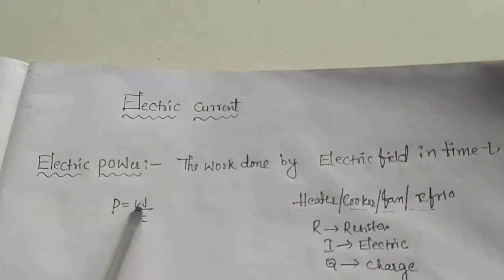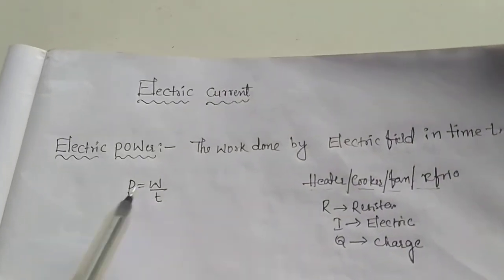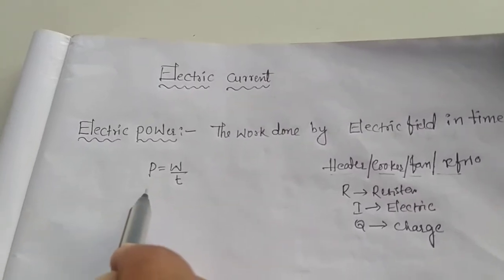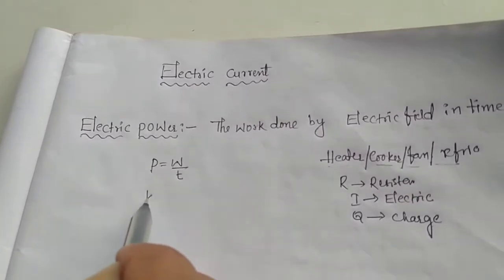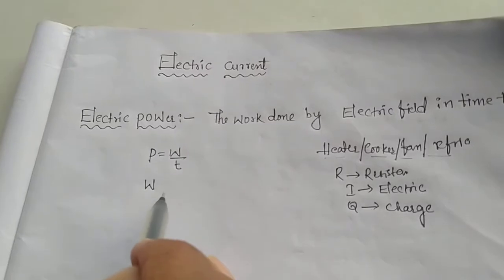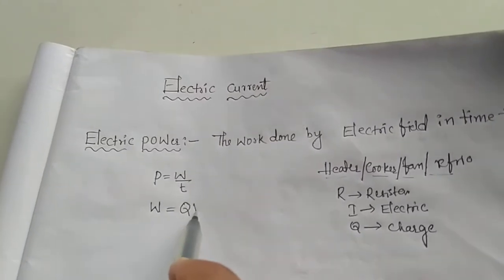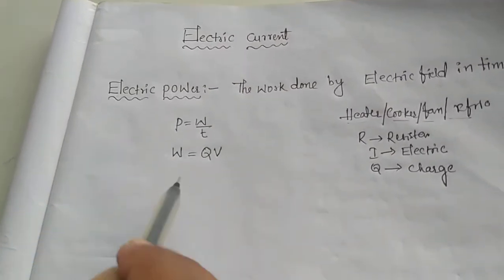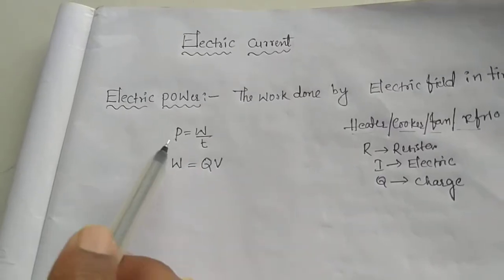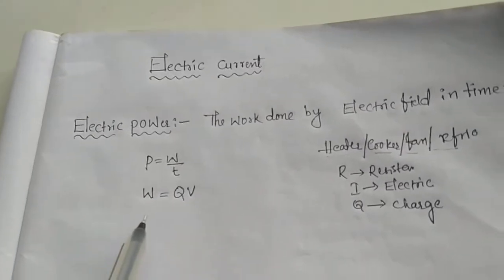So here P is equal to W by T. We know that W is equal to QV, where Q is charge and V is potential difference.